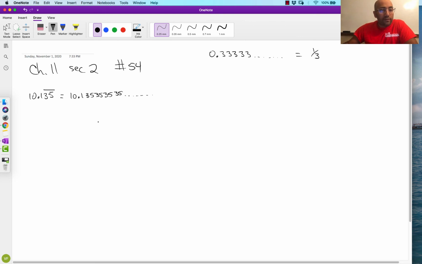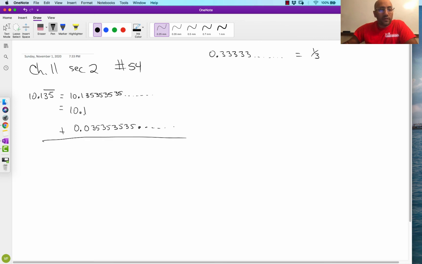Okay, so to do that, the first thing I'm going to do is separate this into two parts. There is the part that does not repeat plus the part that does repeat. And the part that does repeat, I'm going to write down as 0.0, and then it begins to repeat itself, 3, 5, 3, 5, 3, 5, 3, 5, forever, right?